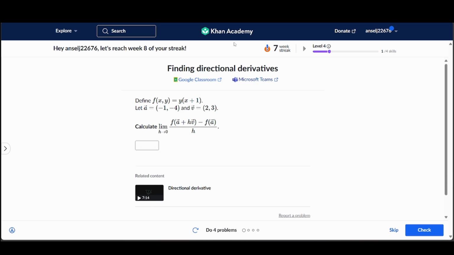Tan of 3 halves. Wait a minute. Oh wait, no, is it arctangent? Arctangent of 3 halves. Bro, I'm not getting an exact answer. Oh my god. Okay.